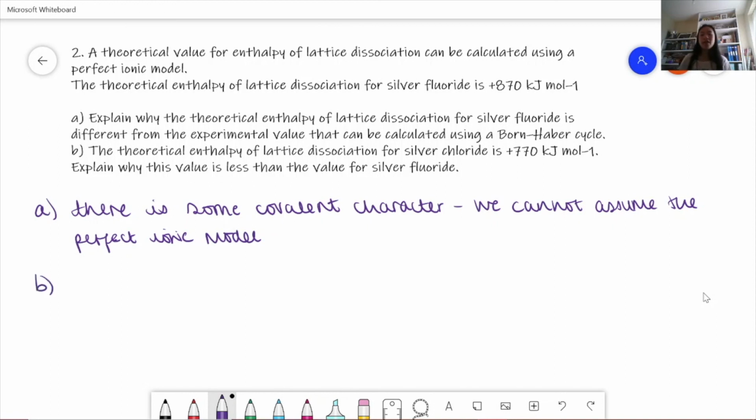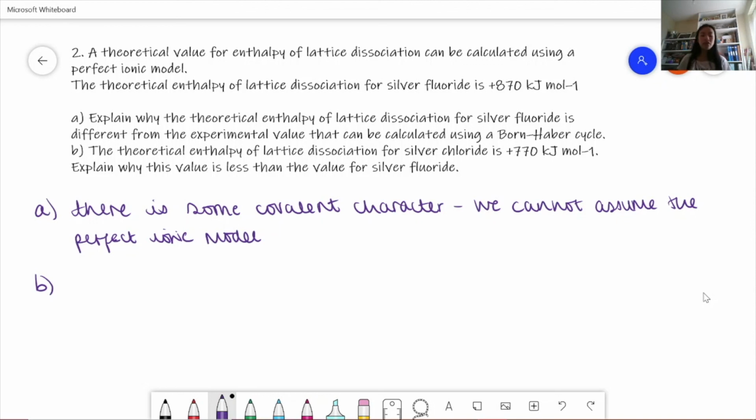And then for B, the theoretical enthalpy of lattice dissociation for silver chloride is plus 770 kilojoules per mole. Explain why this value is less than the value for silver fluoride. Well, if you think back to polarization, for something to be really, really good at polarizing, the ion needs to be quite small.